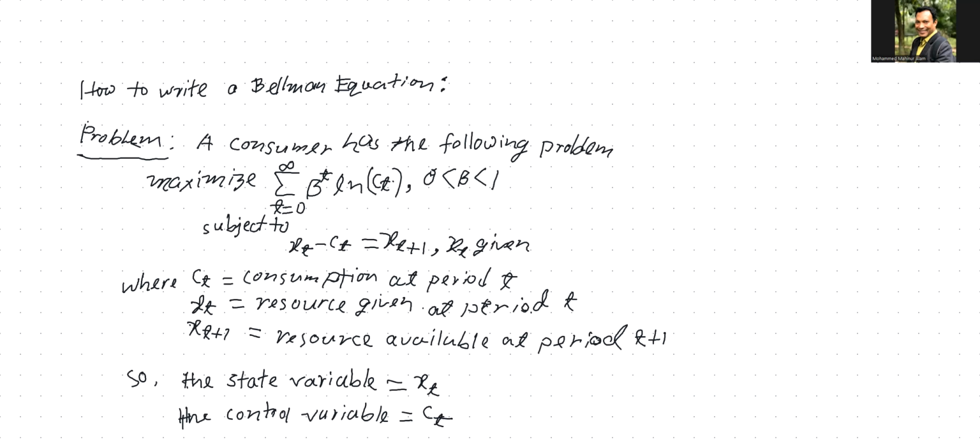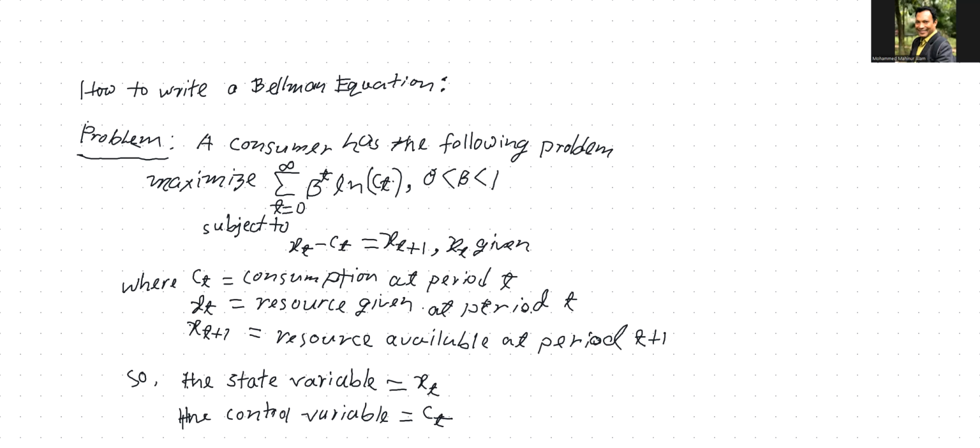So if the consumer consumes c sub t at period t, at the beginning period x sub t, the consumer takes out c sub t of the water, then if there is anything left, that will be x sub t plus 1, meaning the water available in period t plus 1 will be x sub t plus 1.